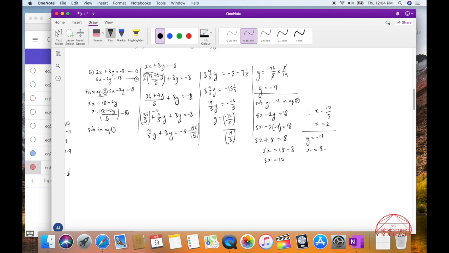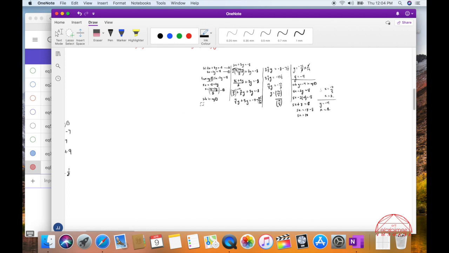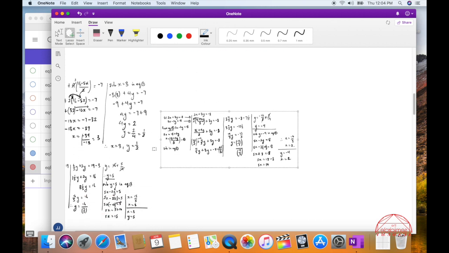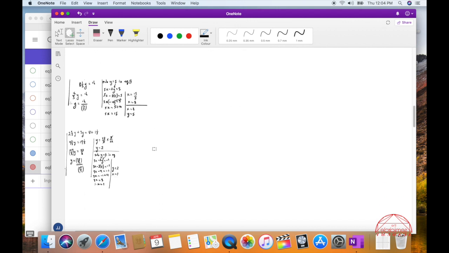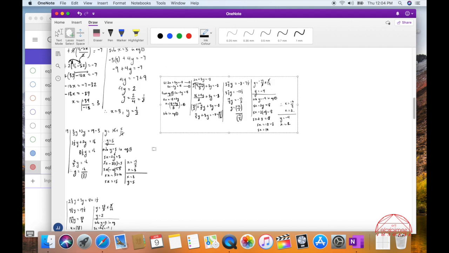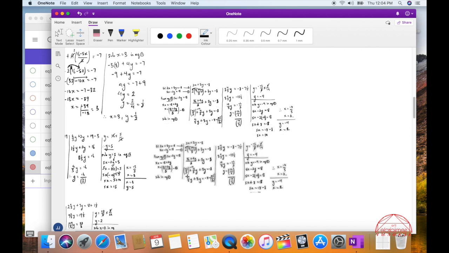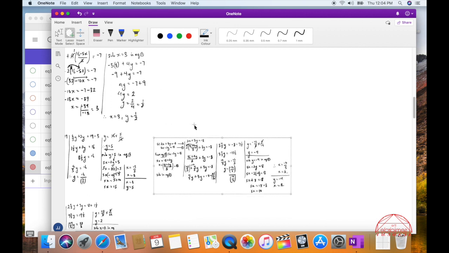Remember, you were supposed to do these questions using the substitution method. Now, the substitution method is quite the most difficult method, but the great thing about knowing it is that it will work for every simultaneous equations you ever come across, no matter how hard it is.